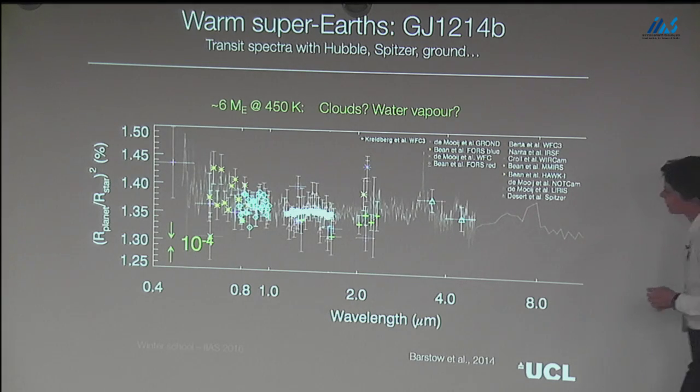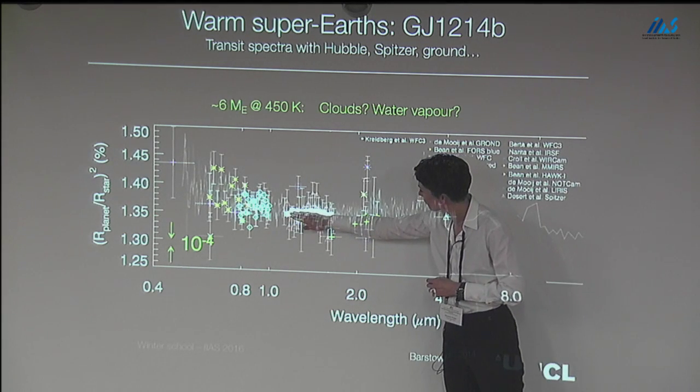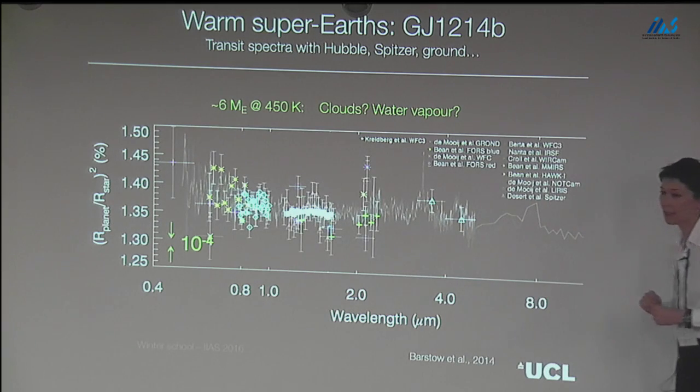Some measurements in the near infrared with WFC3 seem to be more suggestive of some clouds, but the two pieces of information are not necessarily contradictory, they could both be true in a certain sense. So bottom line, I don't think we can be conclusive yet about the real composition of this planet, and hopefully a new generation of instruments might provide us with new information.